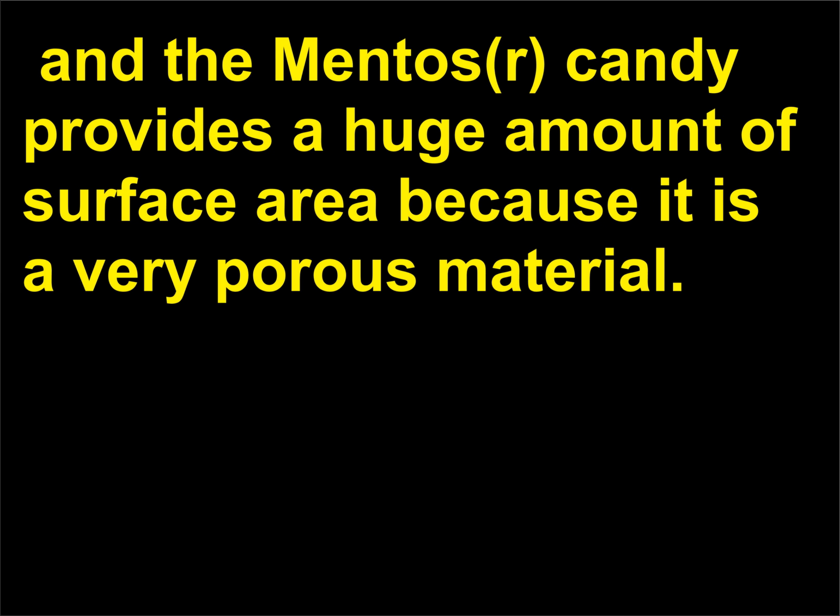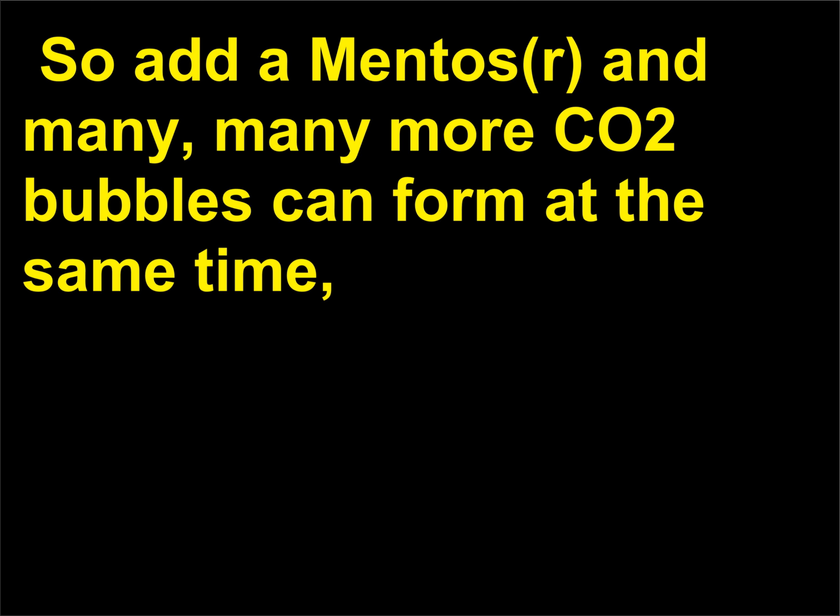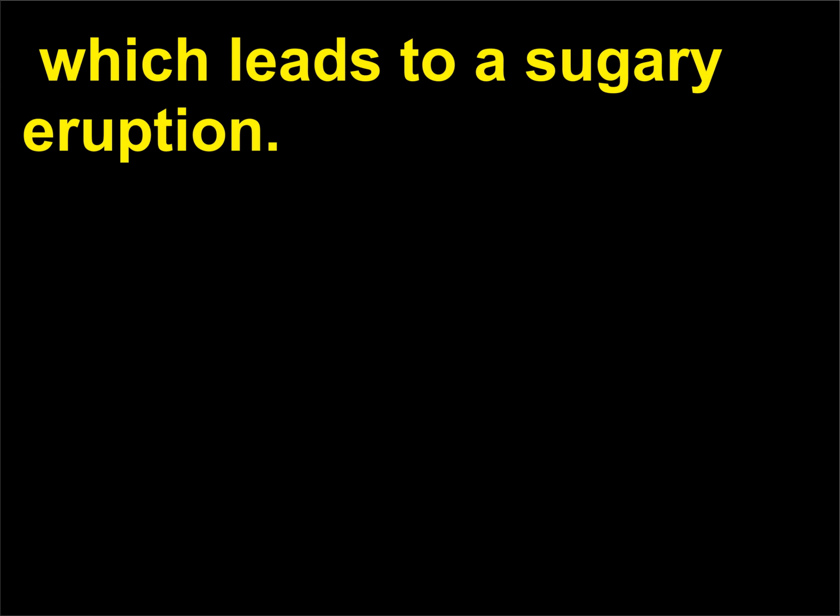And the Mentos® candy provides a huge amount of surface area because it is a very porous material. So add a Mentos® and many more CO2 bubbles can form at the same time, which leads to a sugary eruption.